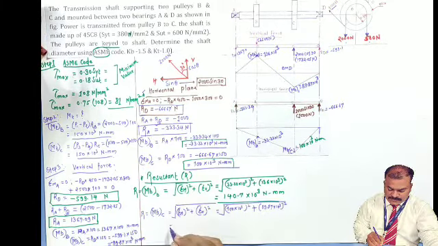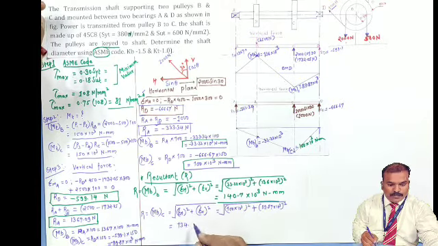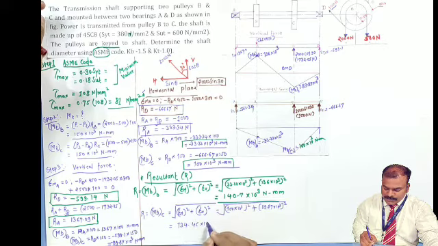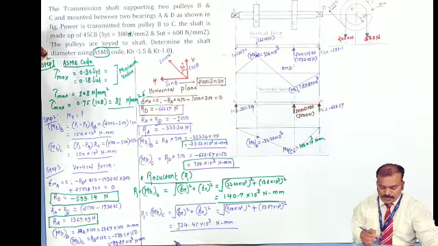So likewise through which I'll get the bending moment directly, 134.45 into 10 raised to 3 Newton mm. That would be the resultant bending moment at pulley C.